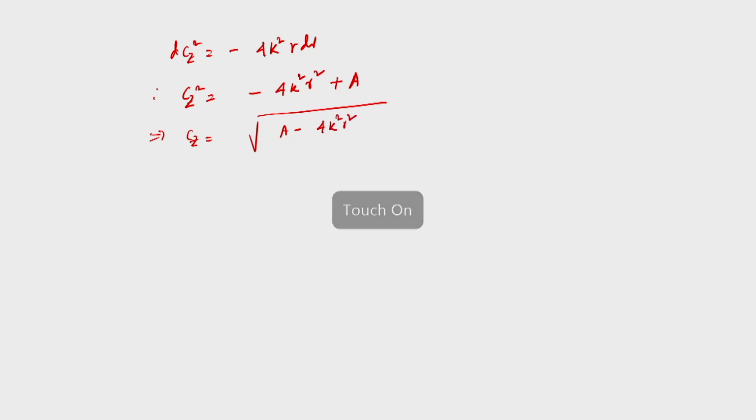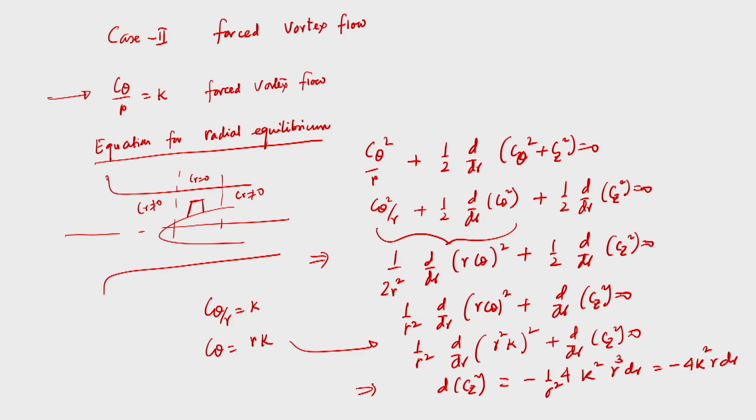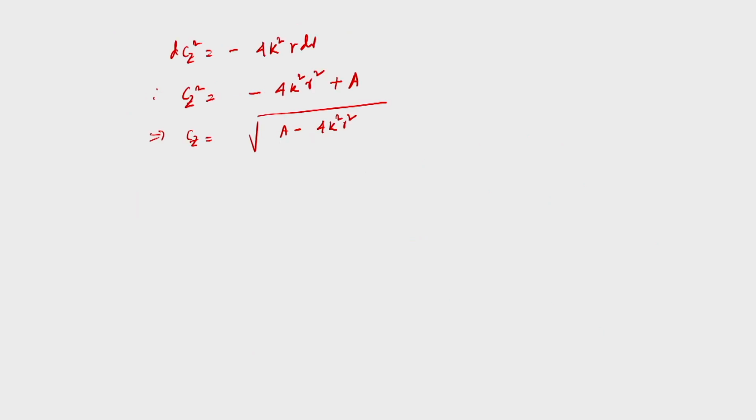So if I go back to my previous slide, it is clearly written that dCz square is equal to minus 4 k square R into dr, and here dCz square is equal to this. So Cz will be equal to root of a minus 4 k square R square.